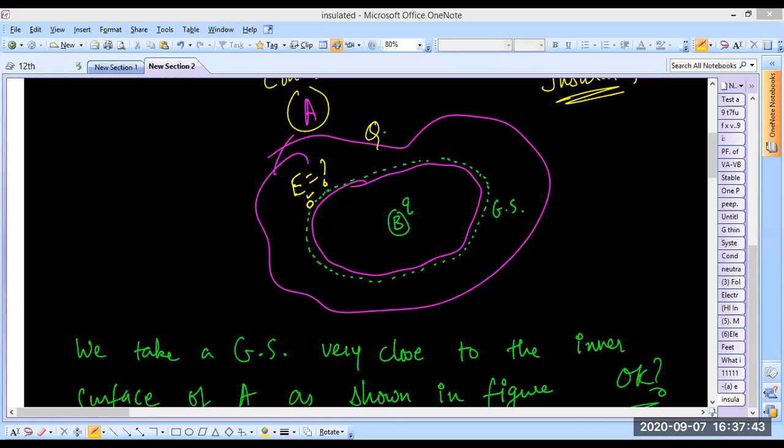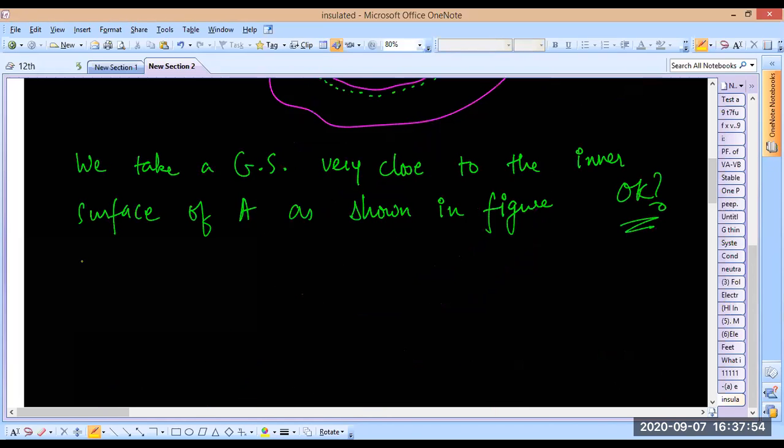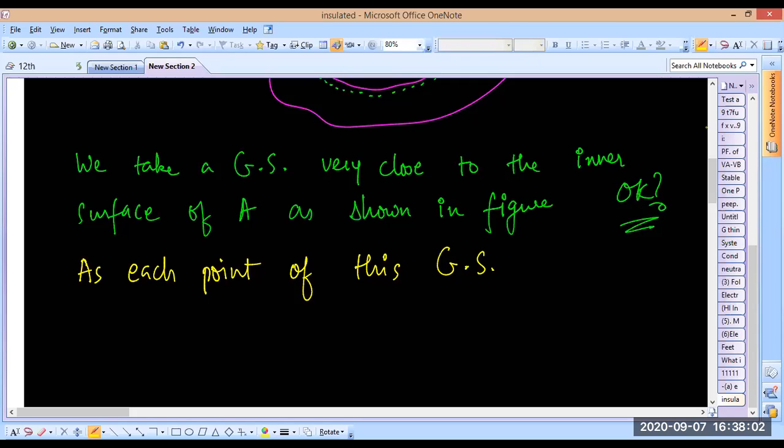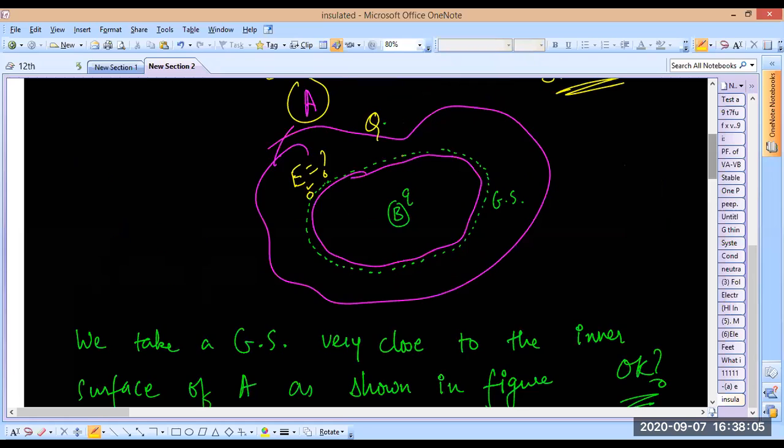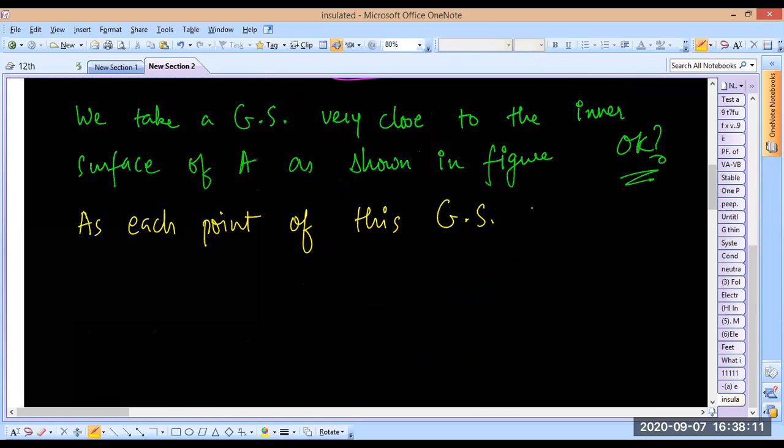No, Swarali, that's not the right answer. The simplest reason is that each point of this Gaussian surface, whether it is here or here or anywhere, is in the body of the conductor, yes or no?